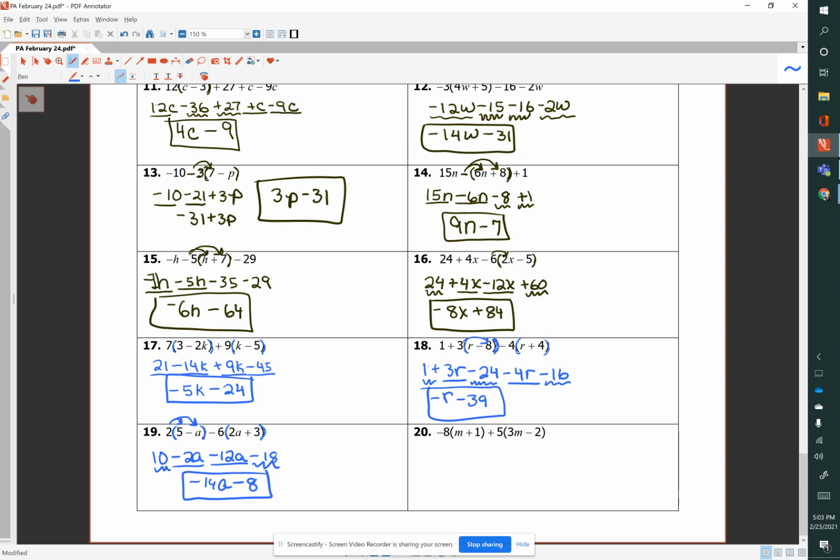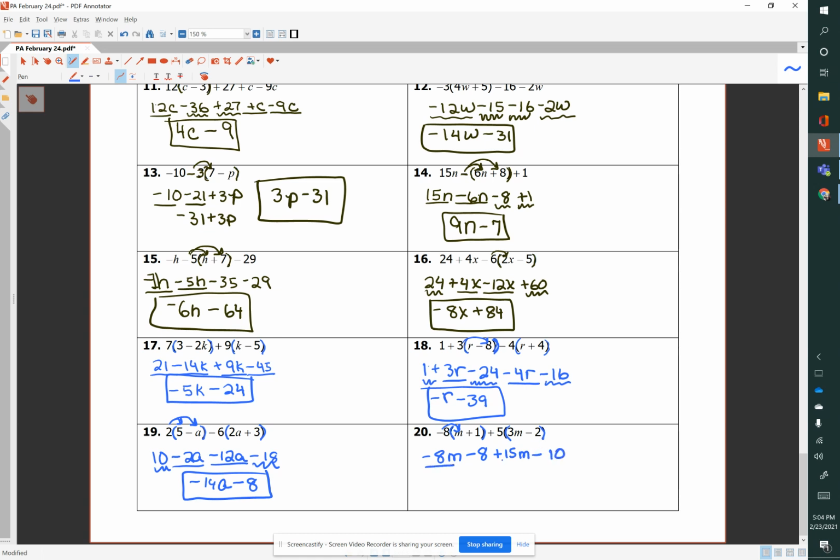In our last problem, negative 8 times the quantity of m plus 1 plus 5 times the quantity of 3m minus 2. Negative 8 times m is negative 8m. Negative 8 times 1 is negative 8. 5 times 3m is a positive 15m, minus 5 times 2, 10.